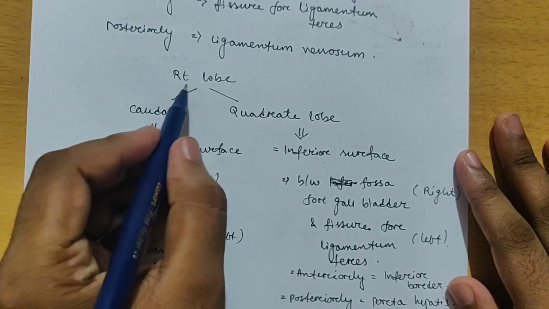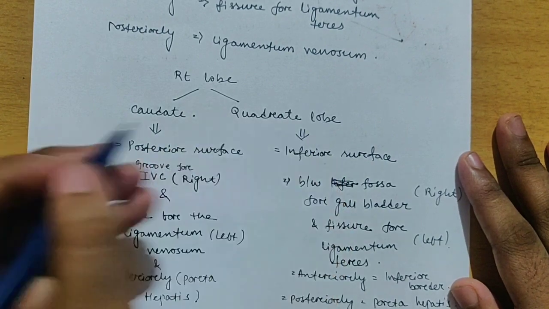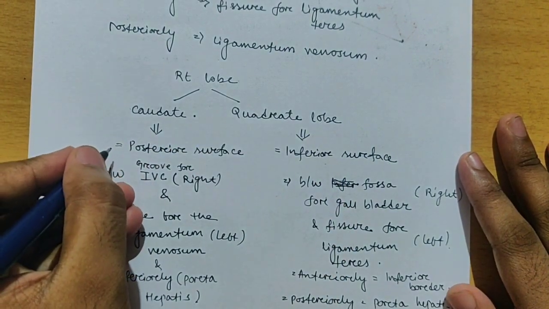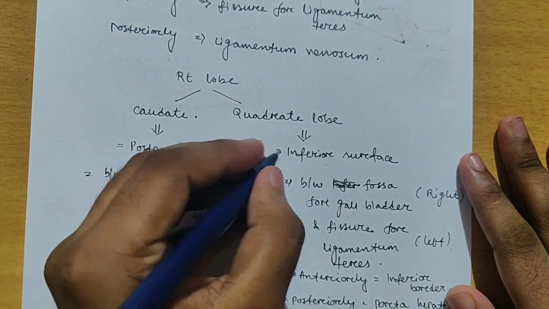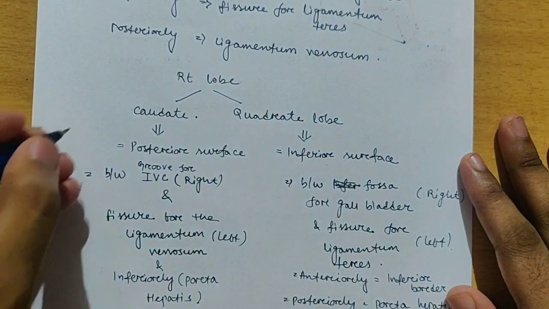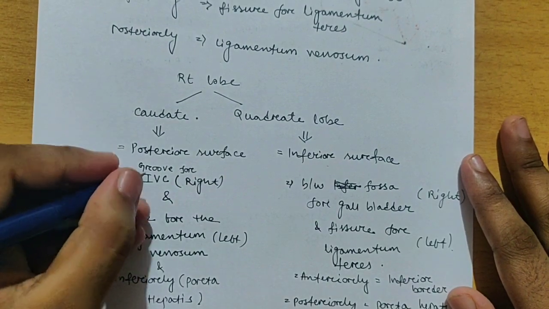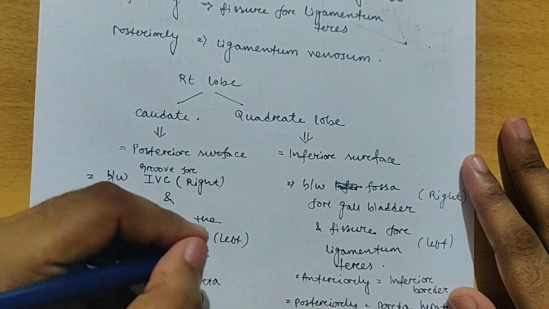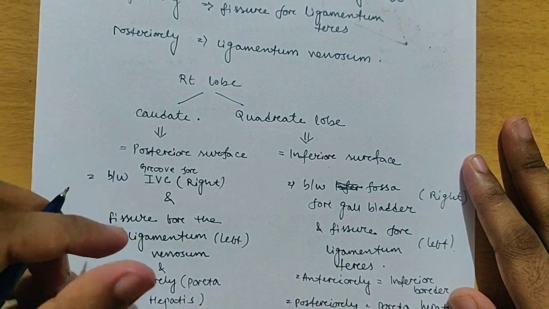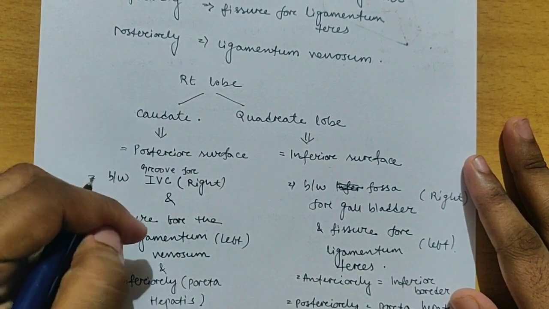Now, the right lobe presents 2 lobes, the caudate lobe and the quadrate lobe. The caudate lobe is present in the posterior surface of the liver, and the quadrate lobe is present in the inferior surface of the liver. The caudate lobe is present between the groove for inferior vena cava, which is in the right, the fissure for ligamentum venosum, which is in the left, and the porta hepatis, which is present inferiorly to the caudate lobe.